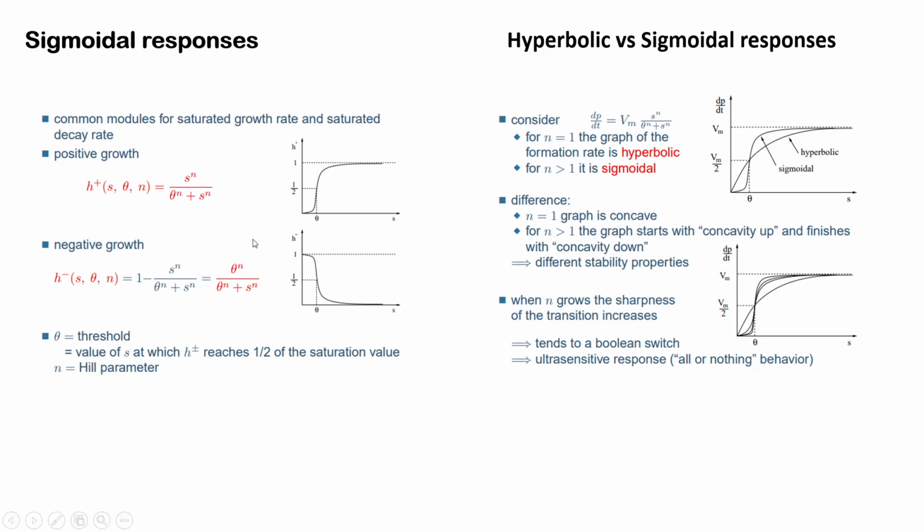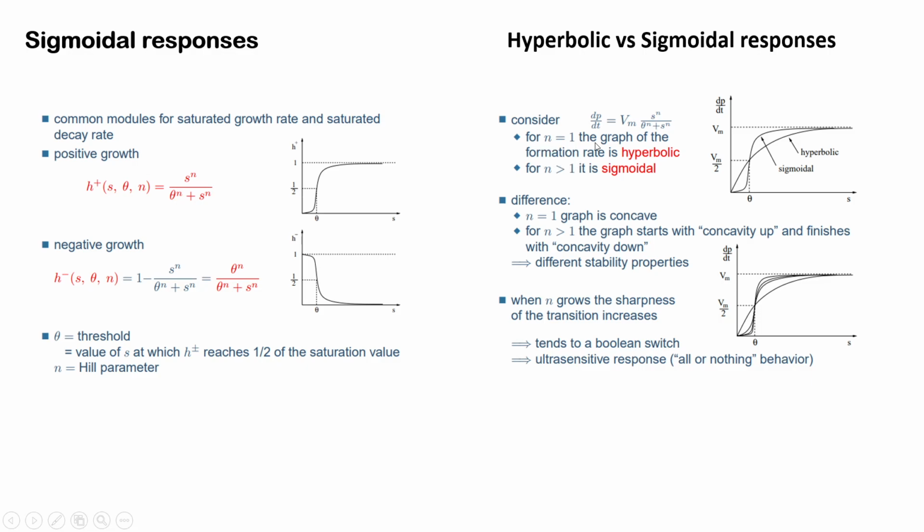This is what the Hill function denotes, and n is known as the Hill parameter. So changing n will change the responses. We'll see how. For example, from the previous example, you saw dp/dt equal to Vm into s to the power n by theta n plus s to the power n again.